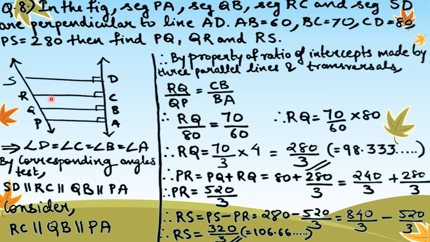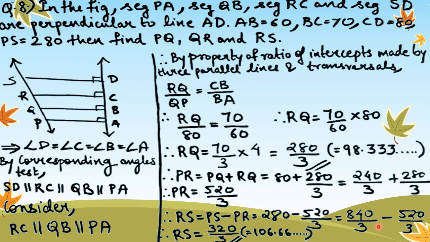What we need is the small part RS. PS you know, PR you know, so PS minus PR will be RS. So RS is equal to PS minus PR. PS is 280, so 280 minus 520 upon 3. Again equalizing the denominator, multiplying and dividing 280 by 3, it becomes 840.